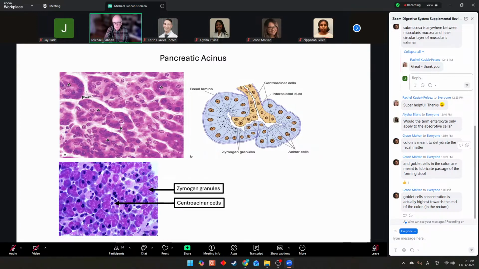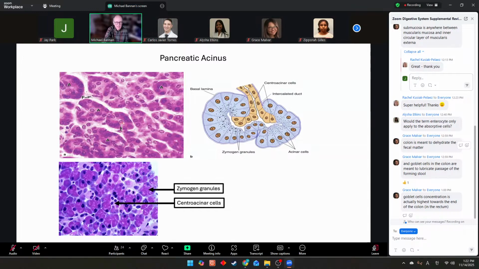The intercalated duct extends directly into the pancreatic acini. So if we take a section through the acini, we're going to catch some of these intercalated duct cells in the middle of the acini. And when we do that, those cells are referred to as central acinar cells. So it's a word that describes exactly what they are. They're cells that are located in the center of the acini.